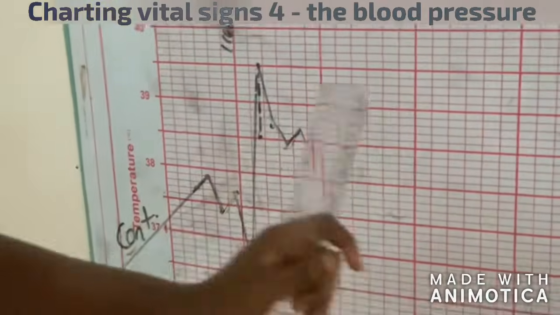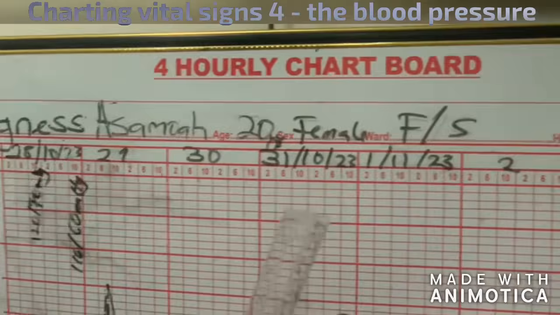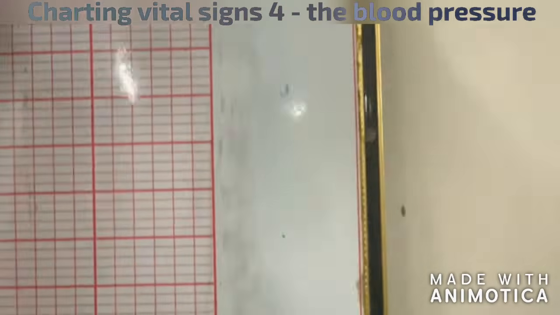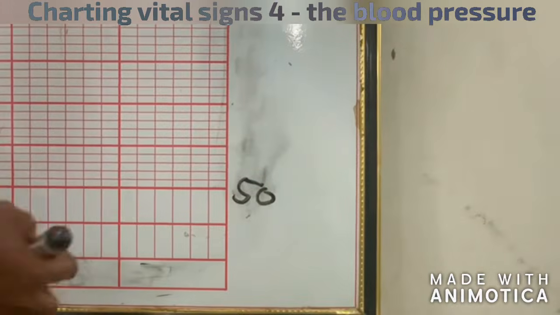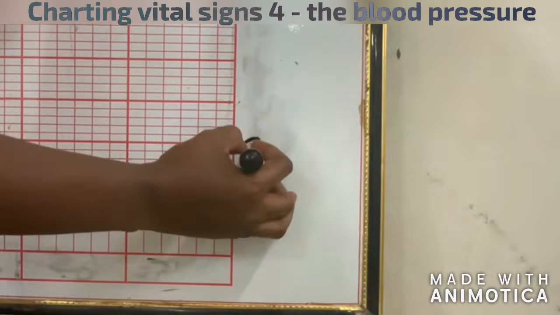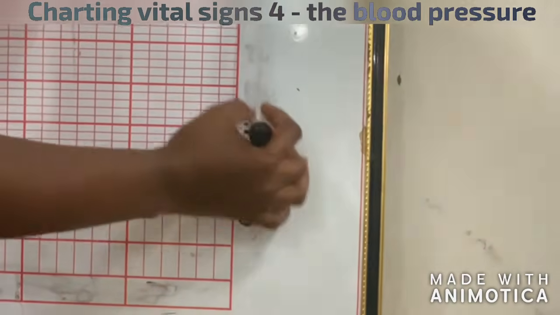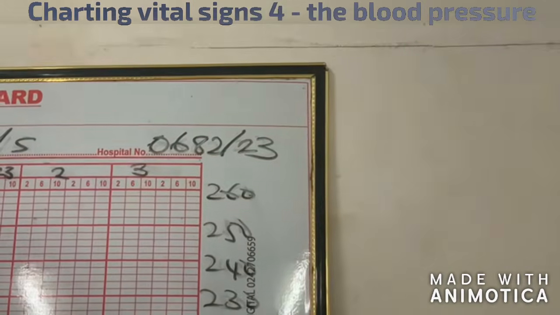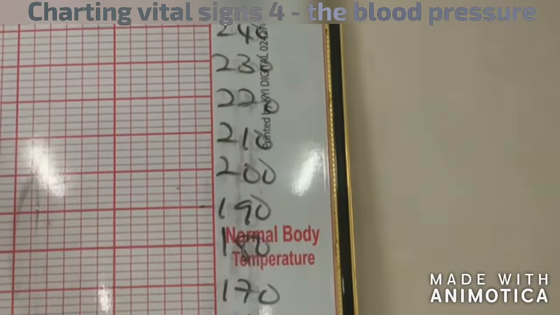Other than that, the calibration can be made here. So you start from here, 50. Usually we don't expect BP to drop below 50, especially those under monitoring. 60, 70, 80, 90. So now we have made our own numbering here.